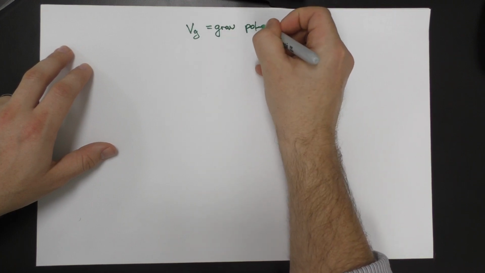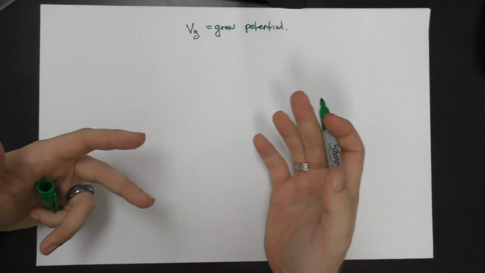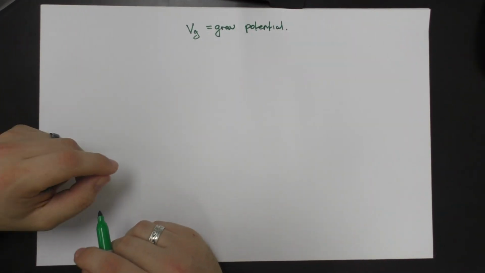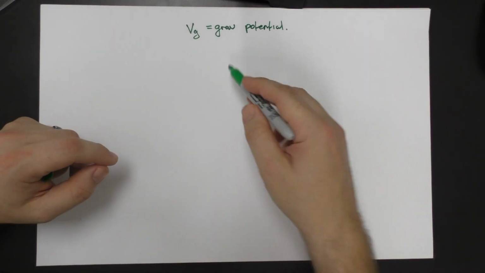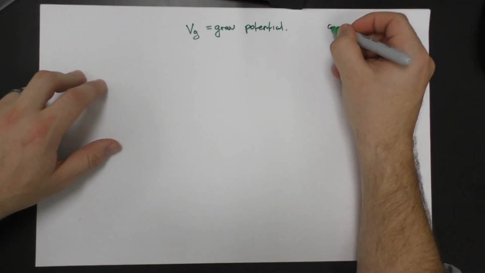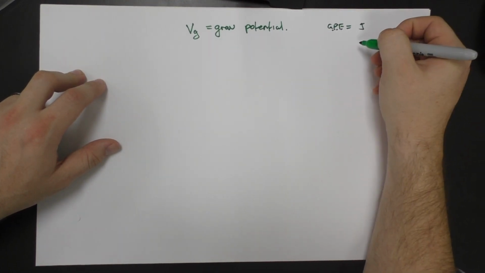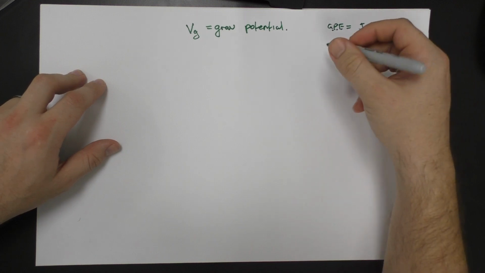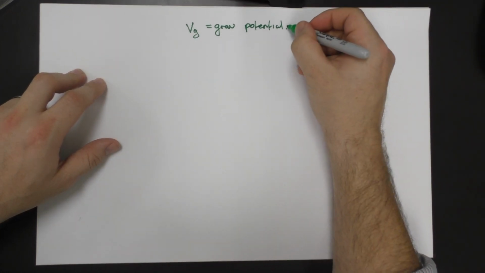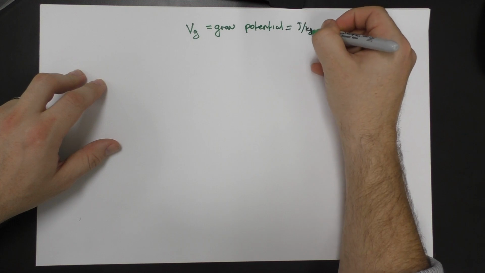So you might be asking yourself, well, how is gravitational potential different than gravitational potential energy? Well, other than the fact that it's missing off the energy, it has a different unit. So gravitational potential energy is measured in joules, as you'd expect. But gravitational potential is measured in joules per kilogram.